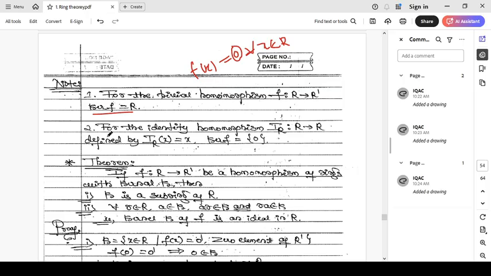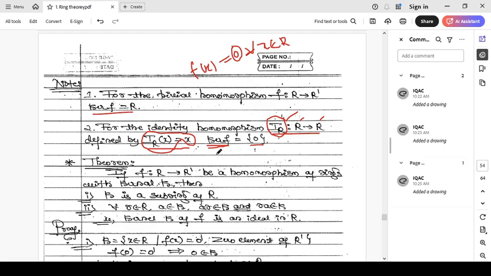Next, note that for the identity homomorphism, a mapping from R to R which we denote by I_R, already discussed in the previous video, defined by I_R of x equals x, the kernel of f will be a singleton set containing the zero element.